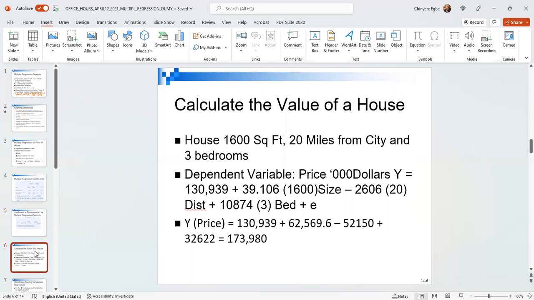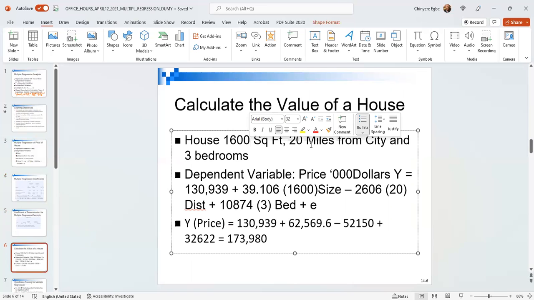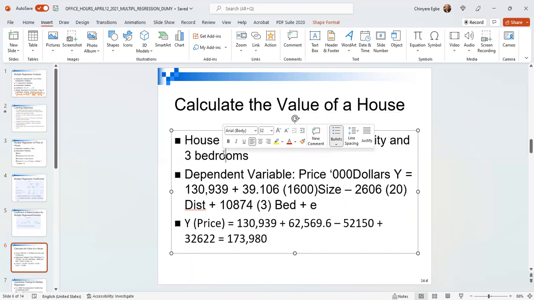All right, so now we want to use the information to calculate the price of a house. Suppose we have a house that is 1,600 square feet, 20 miles from the city center, and it has 3 bedrooms. What will be the price of the house?